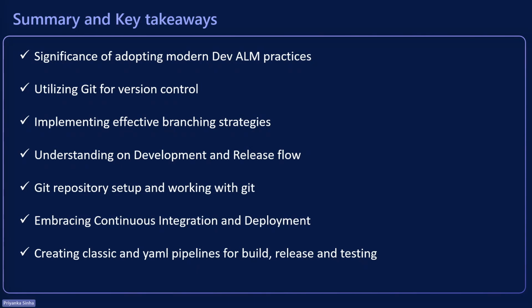Furthermore, we explored the development and release flow, including setting up Git repositories, development process, reviews, build policies, testing, etc. Additionally, we showcased CICD processes, highlighting their significance, including the classic and YAML pipelines for build, release, and testing.